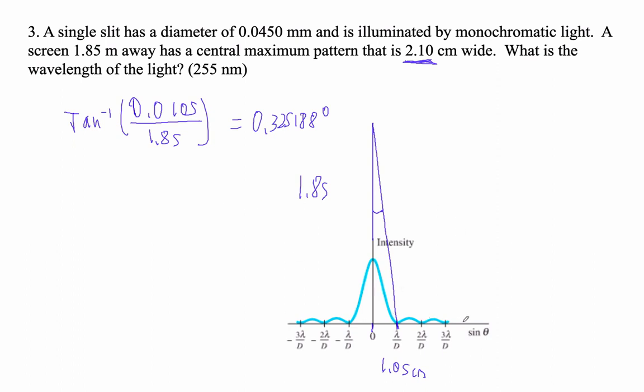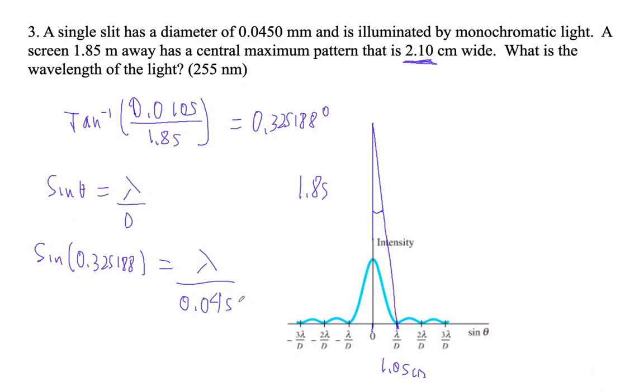And then we know legitimately that the sine of that angle, sine of theta, is equal to lambda over d. So the sine of 0.325188 is equal to lambda that we don't know divided by d, which is 0.045.